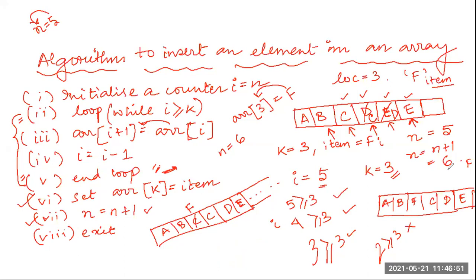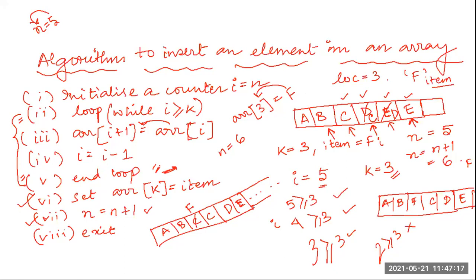Now, one thing you might say is that my location 3 is not C, it is my location 2. Just for the sake of making you understand better, I am taking the indexing as 1, 2, 3, 4, so I am taking this as 3.